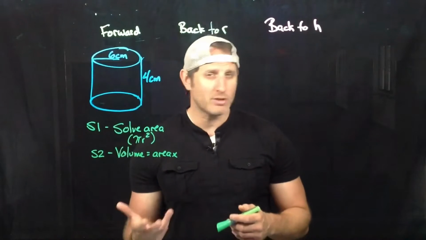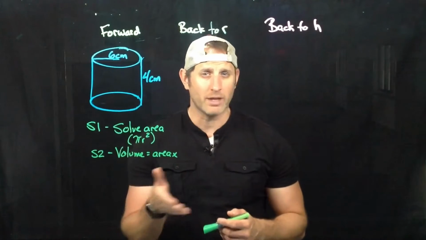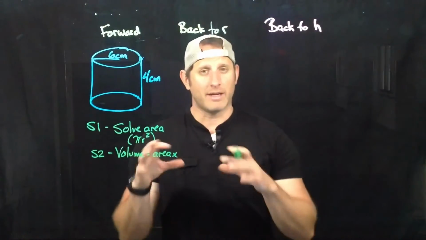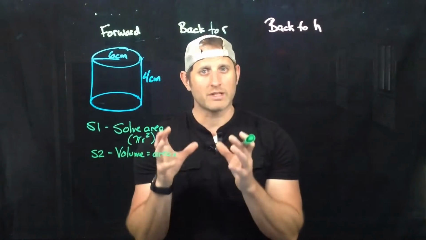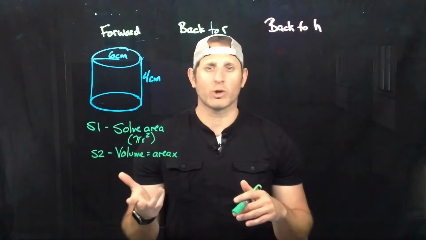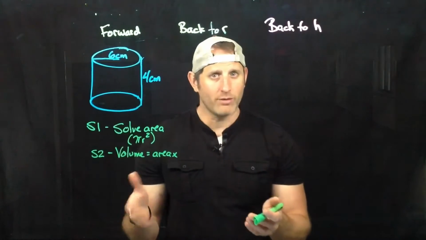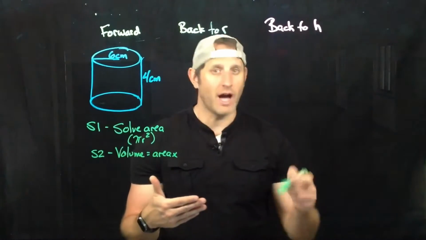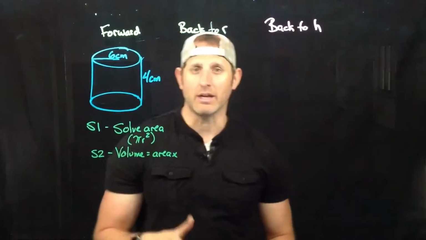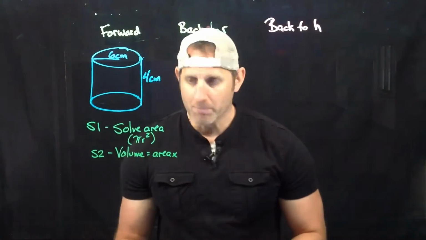For a trapezoid, for instance, it'd be (B1 plus B2) times height divided by 2, times the height, because that whole thing I just mentioned was the formula for area. If you had a rectangular prism, length times width will give you area, times the height will give you the third dimension, which is going to be your volume.